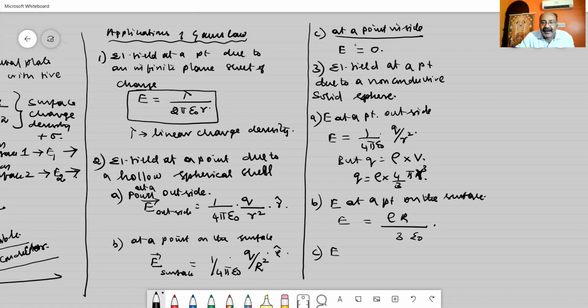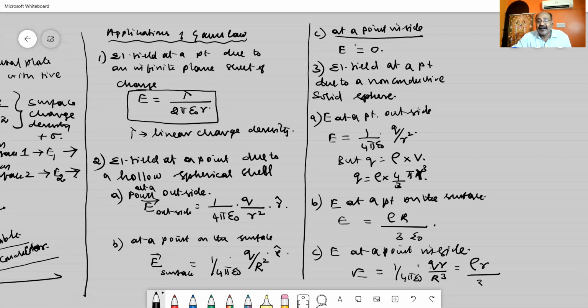Similarly, C, electrical field E at a point inside the sphere is given by E equal to 1 divided by 4 pi epsilon 0 Q into small r divided by R cube. By substituting for Q, we can get it as rho into R divided by 3 into epsilon 0.